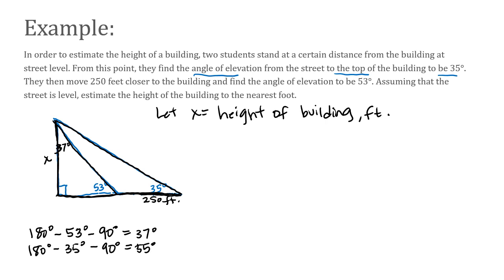So this whole angle at the top is 55 degrees. And we know that part of that angle is 37 degrees. So that means this little sliver is 18 degrees. Now, do I know anything else? I don't know if it's going to help me, but it's always sort of nice to just take a look and fill in anything that you can.